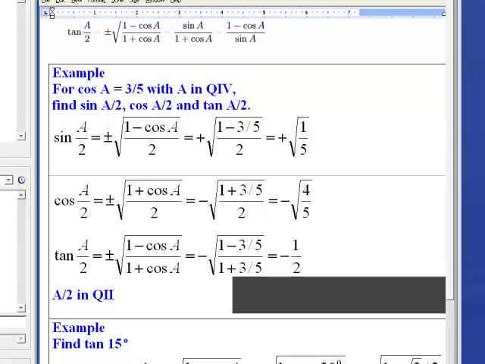So I'm going to write here instead 1 minus cosine A, yet the third identity for the tangent A over 2, over sine A. And now we plug in numbers. So it's going to be 1 minus cosine of 30 degrees divided by sine of 30 degrees, and that will indeed look nicer.